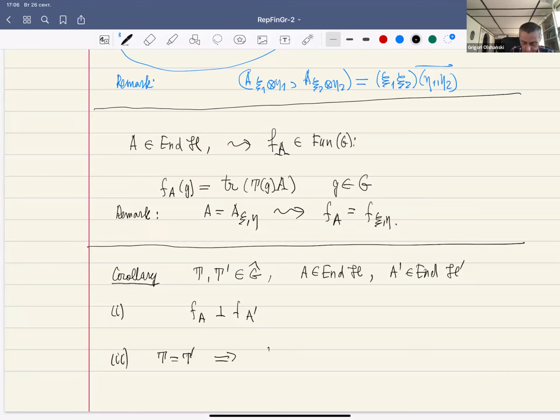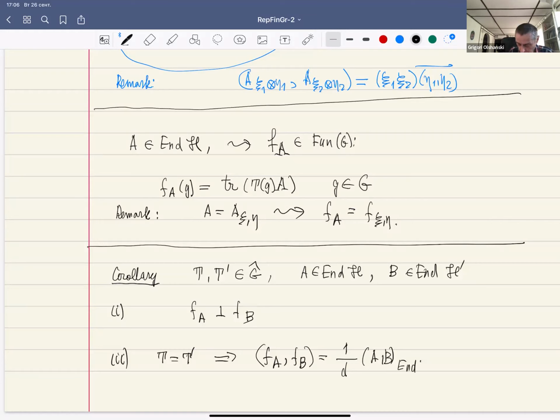And then the scalar product, and I'm sorry, let me change the notation, I will write B, A and B. Then the scalar product is equal to 1 over D, where D is the dimension, and the scalar product in this space.